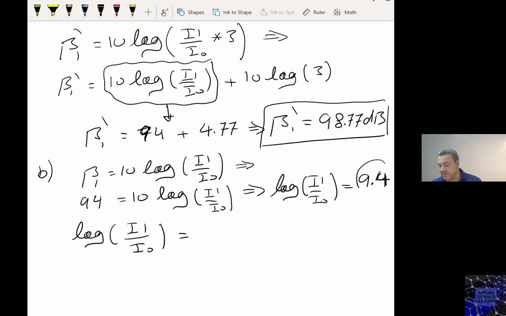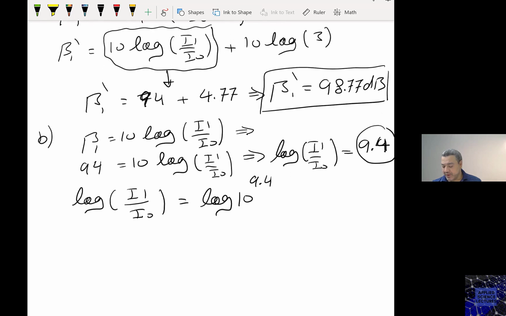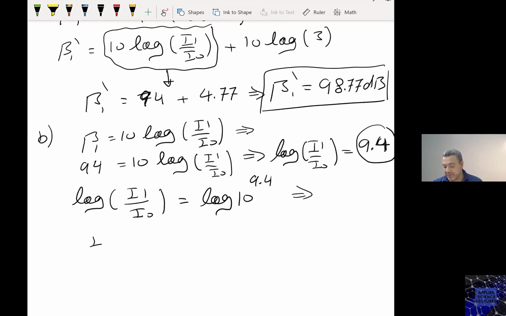This 9.4, if I take this one as the result of the logarithm of 10 to the power 9.4, then by removing the logarithm, I get I1 over I0 equals 10 to the power 9.4. So this is how we got the 10 to the power minus 4.